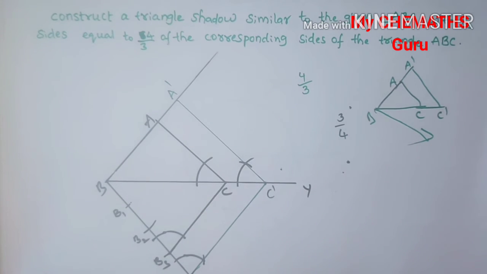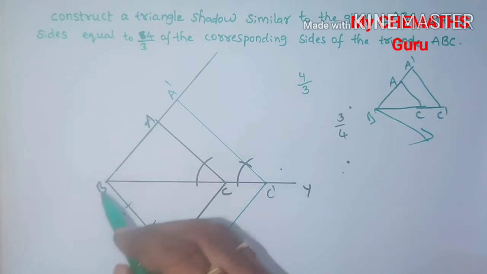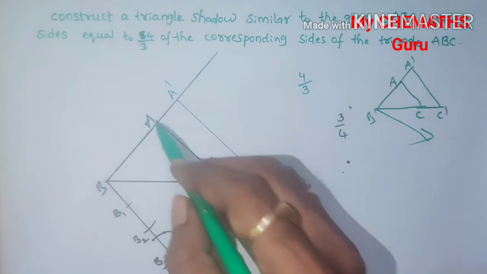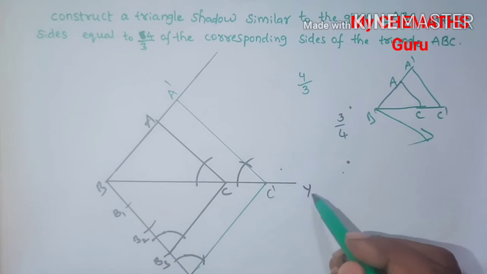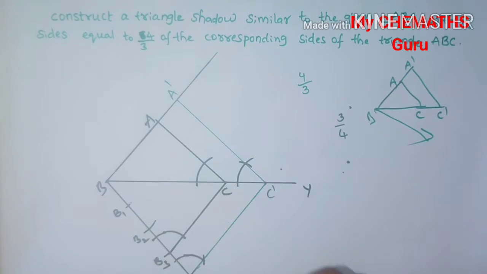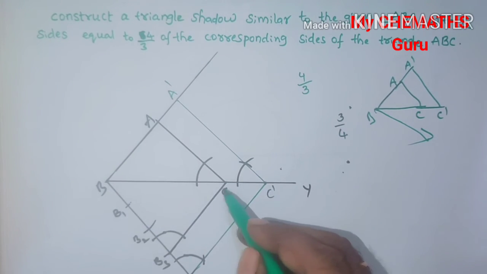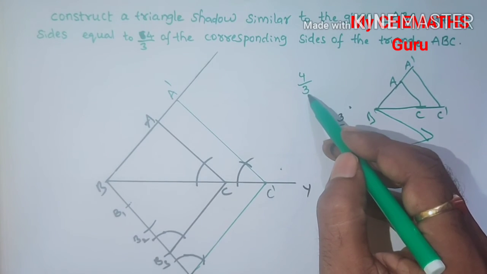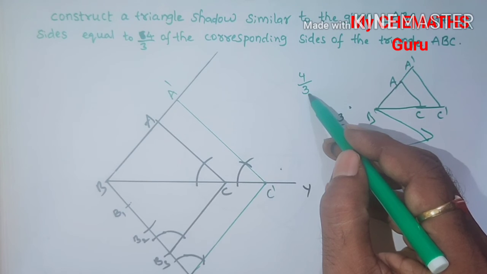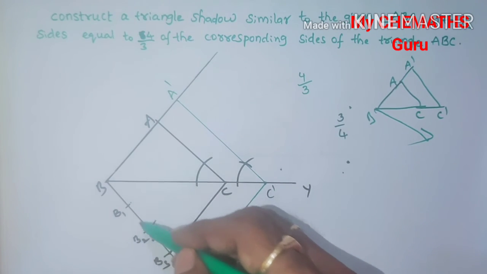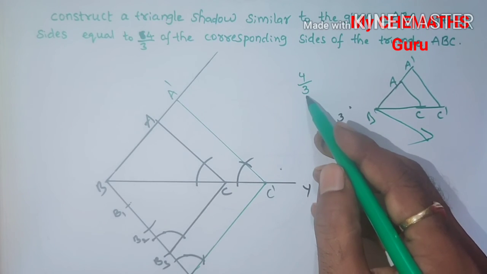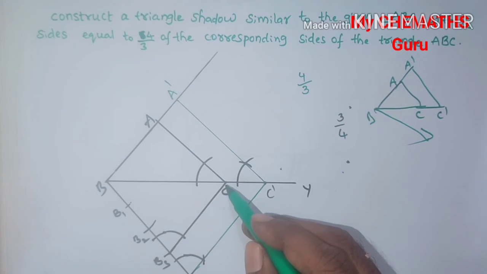See, now in 1 minute I will explain again. First draw a convenient triangle as per your wish. Later we have to draw a ray BX making an acute angle with BC. Later we have to observe the denominator. How many parts are here? 3 parts. So locate 3 points on the ray BX and join the denominator to the end point.